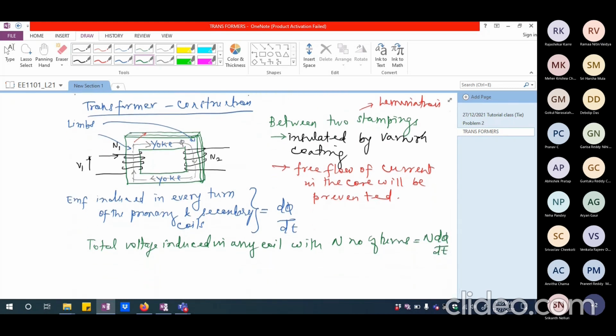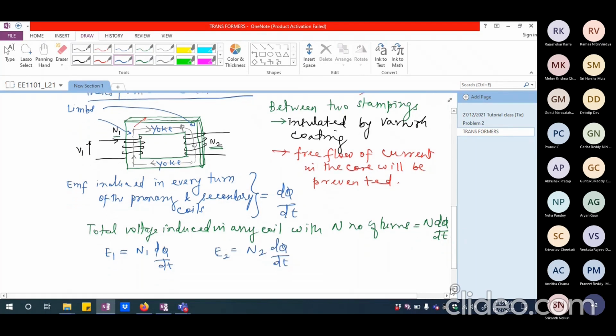So as per Faraday's law, the primary coil induced EMF E1 is going to be N1 d phi by dt, whereas the secondary coil induced EMF E2 is going to be N2 d phi divided by dt.